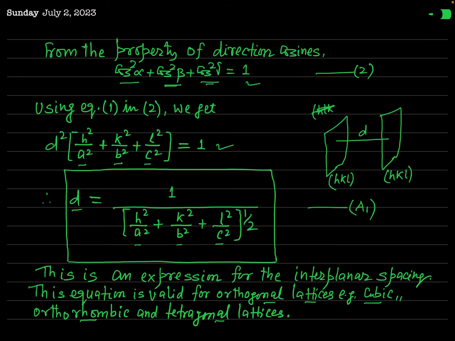So this formula gives the interplanar separation between two crystal planes defined by the Miller indices hkl. In this expression, this d is also denoted by d subscript hkl. This subscript indicates that this is the interplanar separation of the planes defined by the Miller indices hkl.